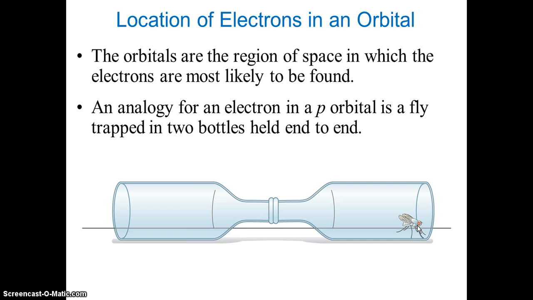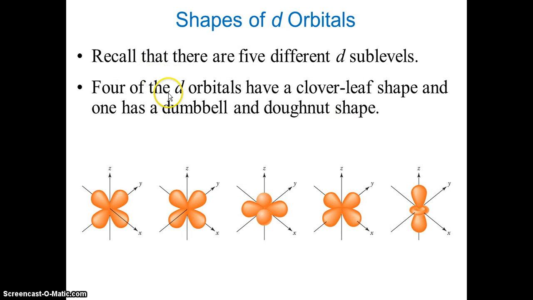That's where you can find electrons. The d orbitals have a clover leaf shape. It's like dumbbell shapes, but 4 dumbbells with a donut shape here. And all 5 orbitals are organized in 5 different orientations.